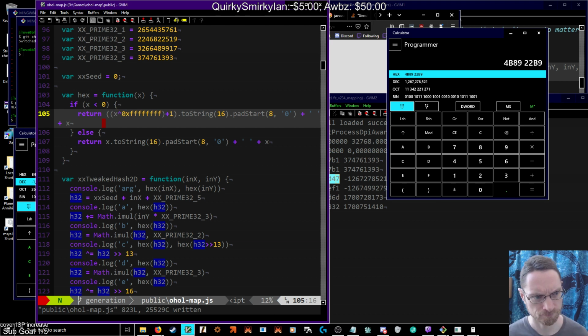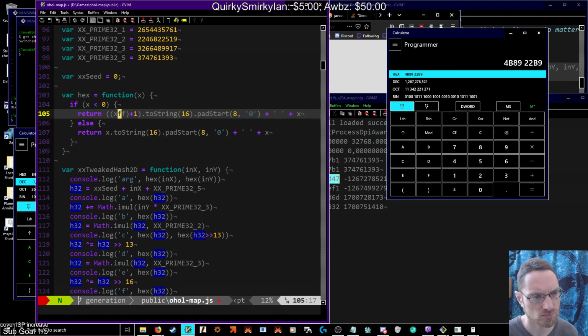How do I get the binary representation of the not negative number? Wait, didn't I try this? Well, no, that's the positive number. It's doing exactly the same thing as the other one. So it's negative x.